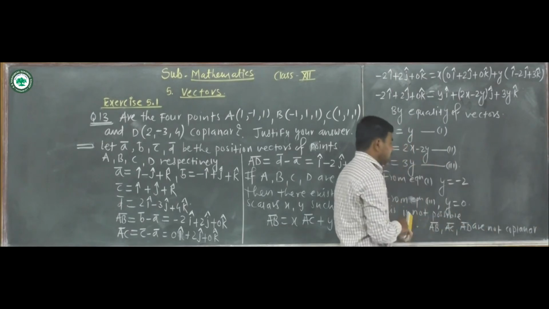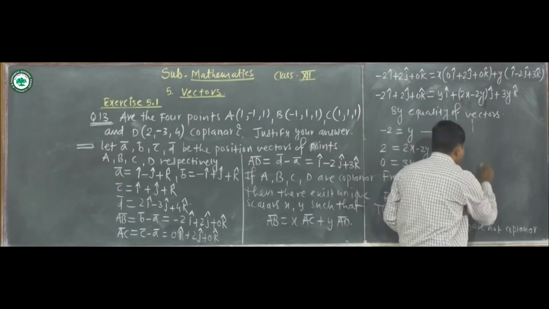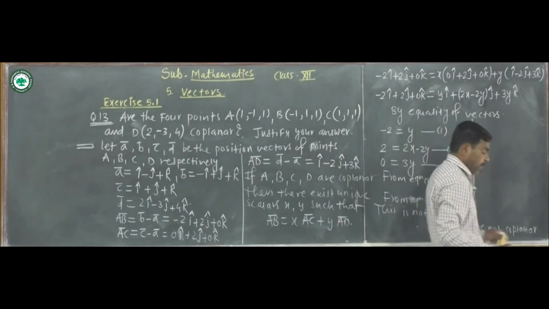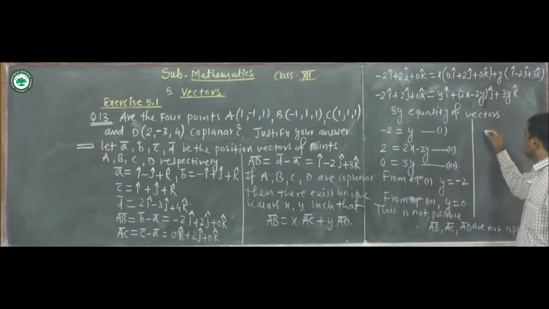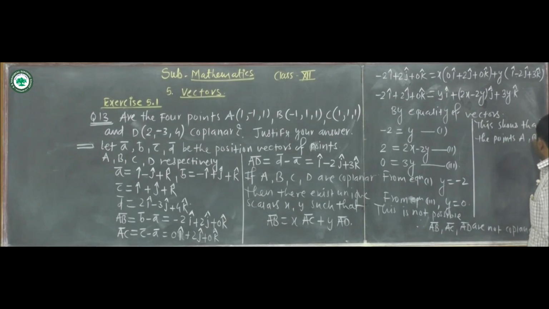And these three vectors are not coplanar, means the 4 points are not coplanar. Or this shows that the points A, B, C and D are not coplanar.